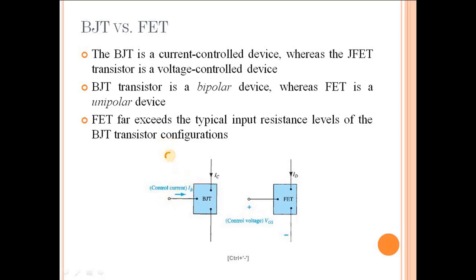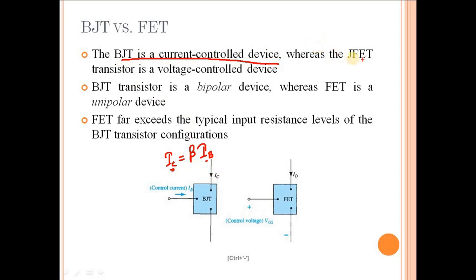So we say that BJT is a current controlled device. We already know that IC is equal to beta times IB. So this is output current and this is the input current. So output current is getting controlled by an input current. So that is why we say that BJT is a current controlled device.